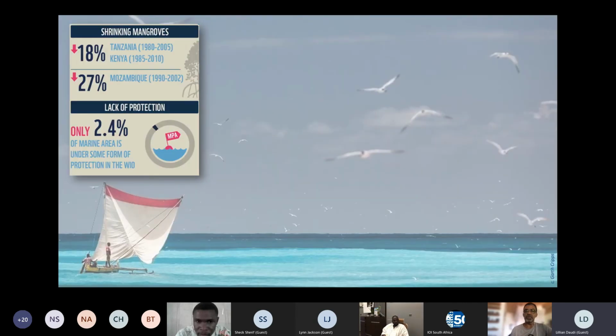And then when you look at what's actually happening with the various marine assets and productive assets, we have shrinking mangroves. These are the percentages in Kenya, Tanzania, and Mozambique. Only 2.4% of the marine area was under some form of protection in the WIO, as we calculated in 2017. And if you recall, the target for 2020 under the biodiversity targets was 10% of marine area under effective protection.